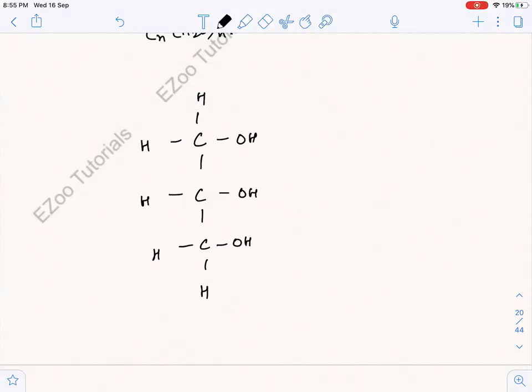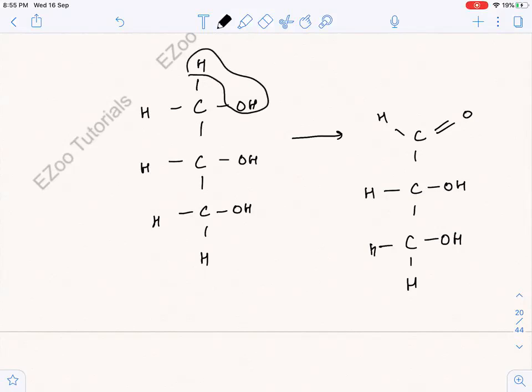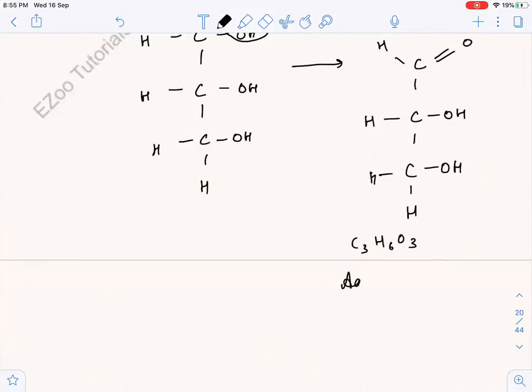Now we have to make it C3H6O3. अब इसमें से we take out one water. We take out one water and we get this. क्या बन गया ये? ये बन गया C3H6O3. And this is the aldose form. These are aldoses, right?